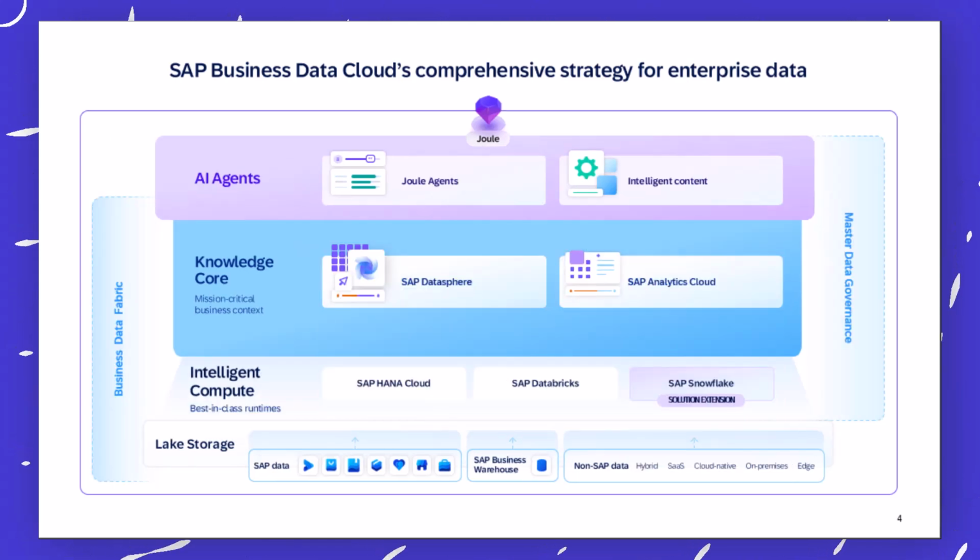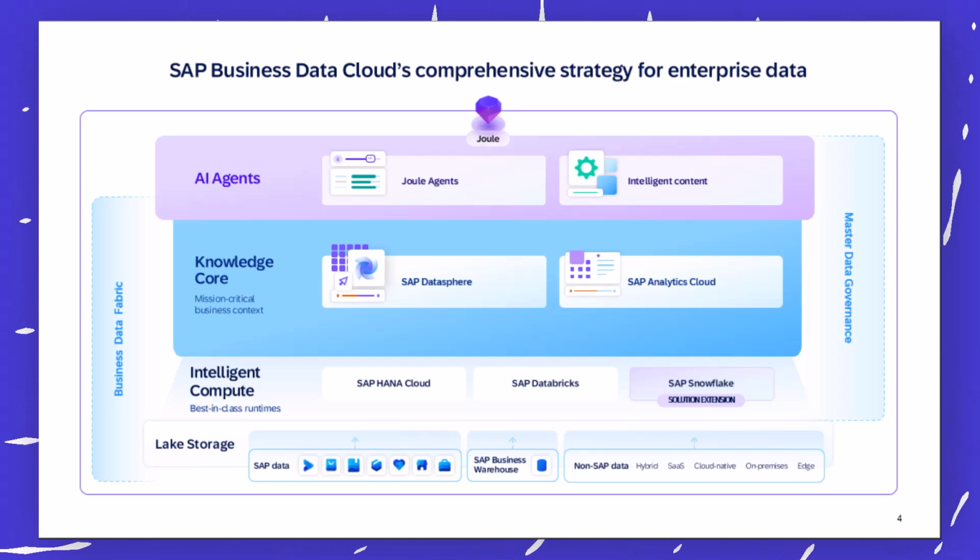Now let's see what components are available from SAP from a strategy point of view. From a lake storage point of view, it accesses SAP and non-SAP data along with the SAP BW system. From an intelligent compute layer point of view, we have SAP HANA Cloud, SAP Databricks, and SAP Snowflake version.